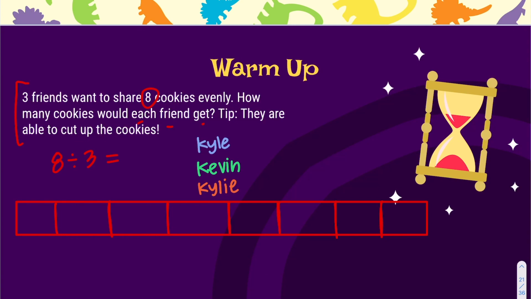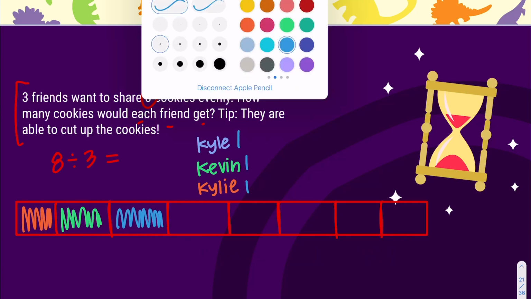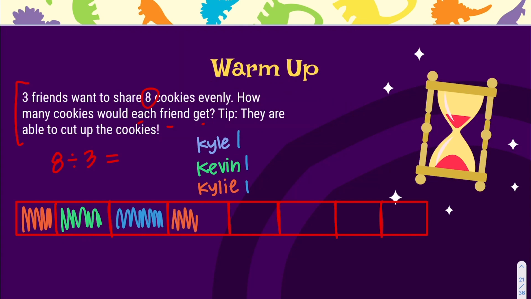Kylie is going to get 1 cookie, Kevin is going to get 1 cookie, and Kyle is going to get another. So right now, they all have 1 cookie. But remember, we have 5 left, so let's try to figure this out more. I'm going to give Kylie another cookie, so now she has 2. We're going to give Kevin another one as well.